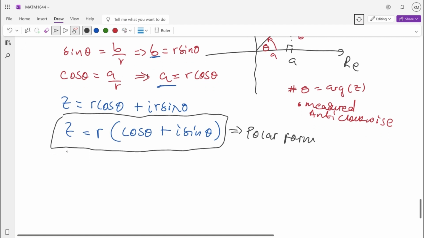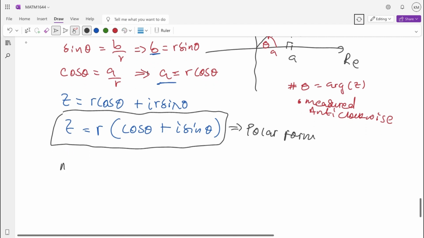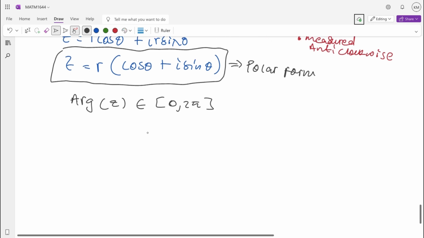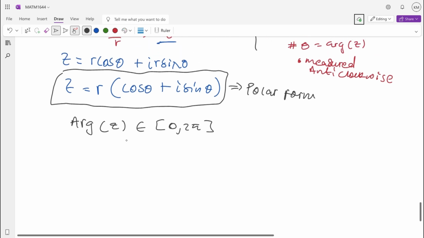For this particular example, we'll focus where the argument of z, the big argument of z, is an element between 0 and 2 pi. They can also specify that it will be between minus pi and pi, but we'll start with 0 and 2 pi, then we can go to minus pi and pi thereafter.